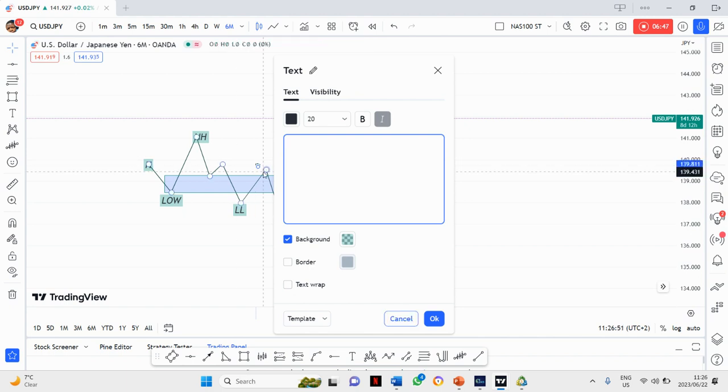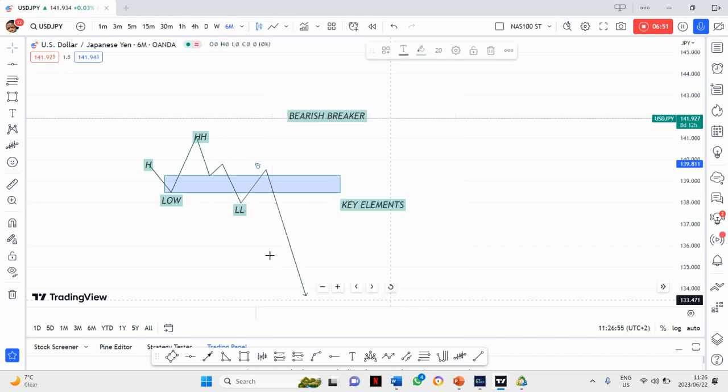But this one, we take it as a lower high, but I'm not going to write it. This is the key elements that you just have to understand: the high, low, higher high, lower low.